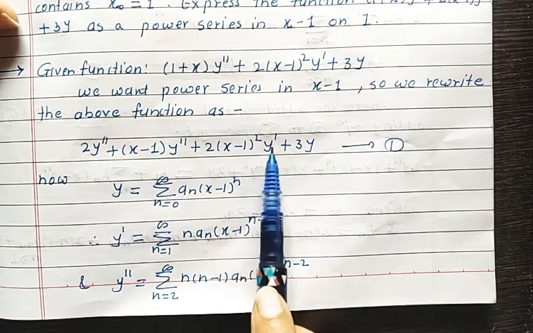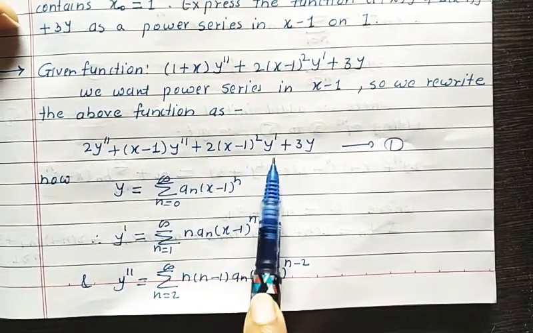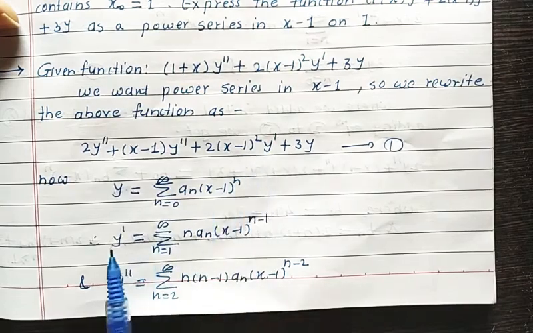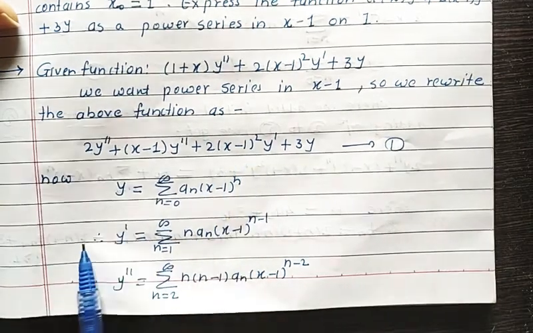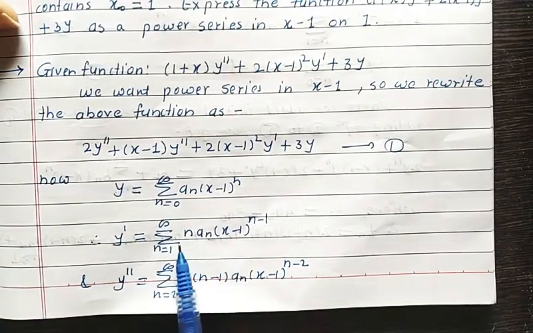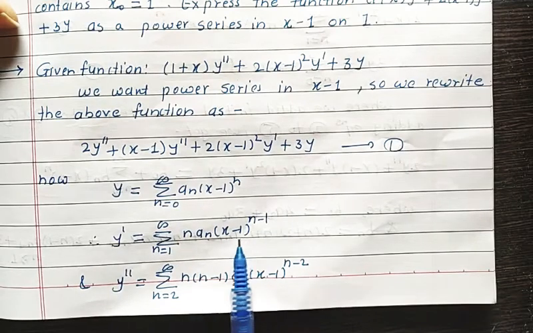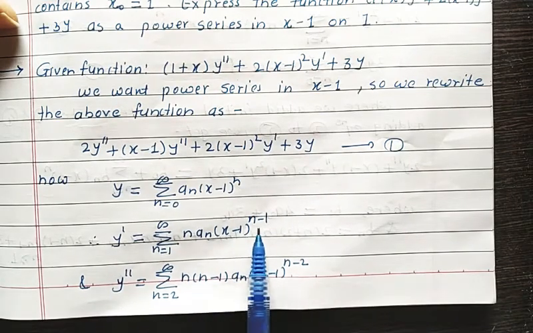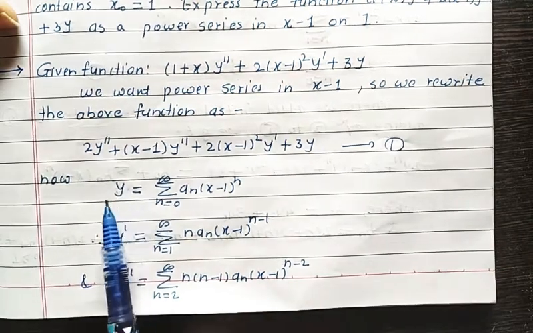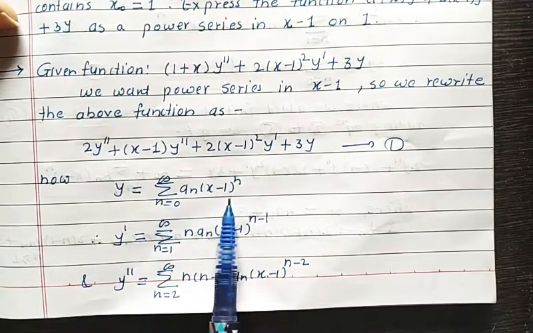Then we multiply y dash by 2 into x minus 1 square. So that becomes 2, x minus 1 square into x minus 1 raised to n minus 1, which becomes x minus 1 raised to n plus 1. And finally 3 into y, which means we multiply this series by 3.